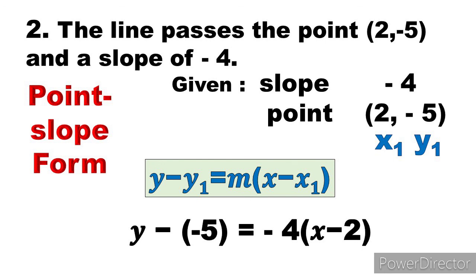Now let's solve example number 2. The line passes through the point positive 2, negative 5 and has a slope of negative 4. So the given is one point and the slope m, which is negative 4. We use the point-slope form, since we are given a slope and a point.